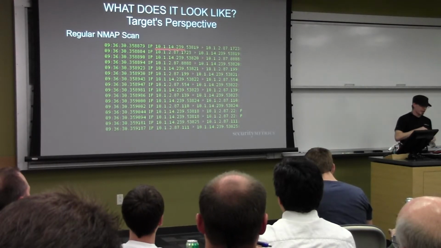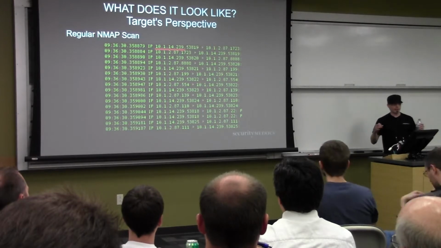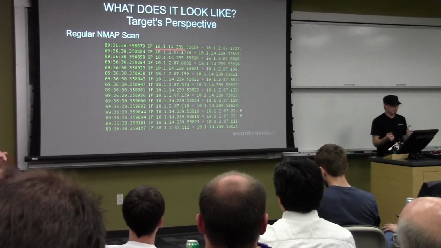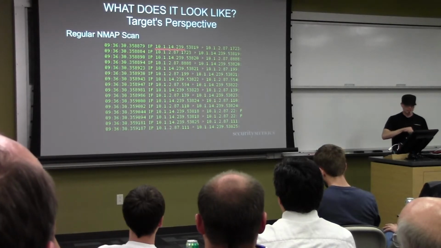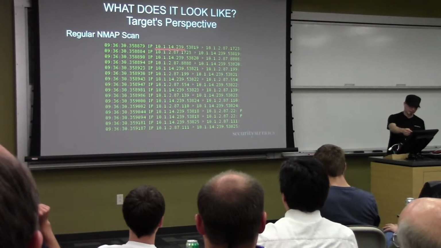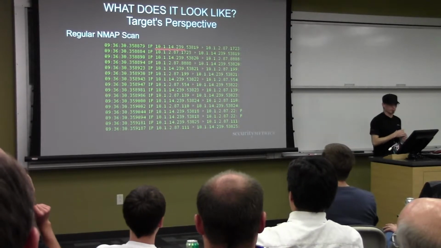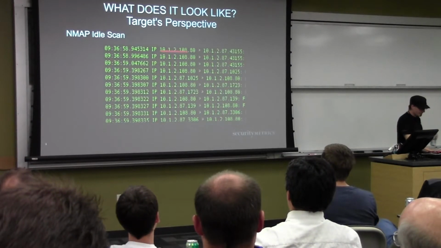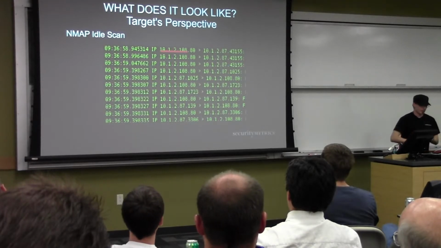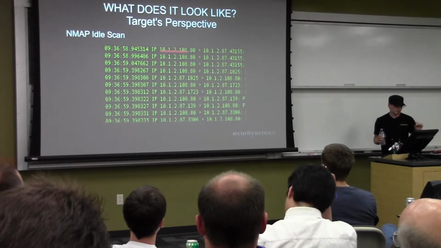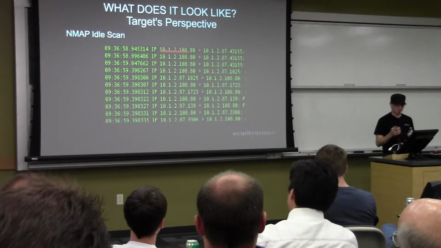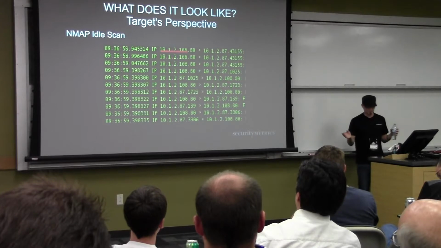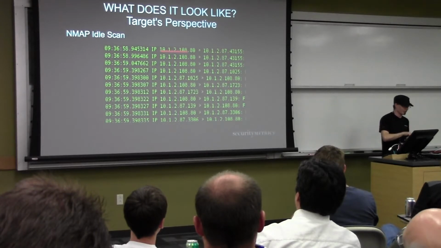So this is a raw TCP dump from a target who is experiencing this attack. So you can see my IP address there, the 14.239. This is the zombie scan traffic. So it shows as coming from this 2.108, that printer that we were talking about.